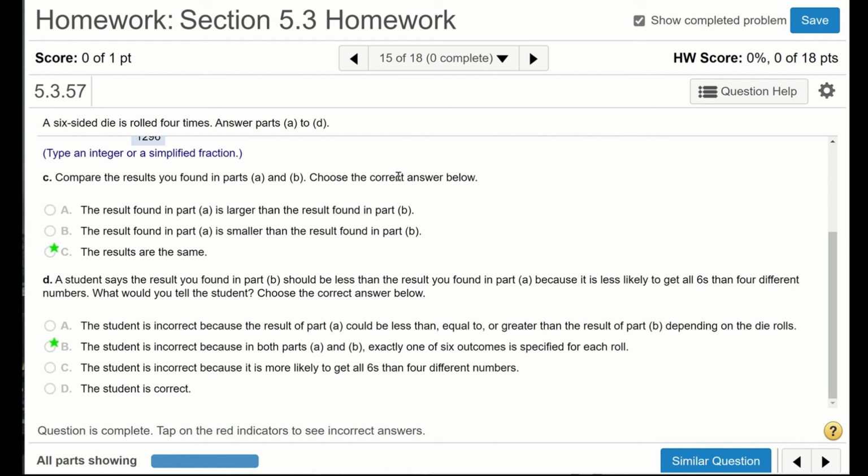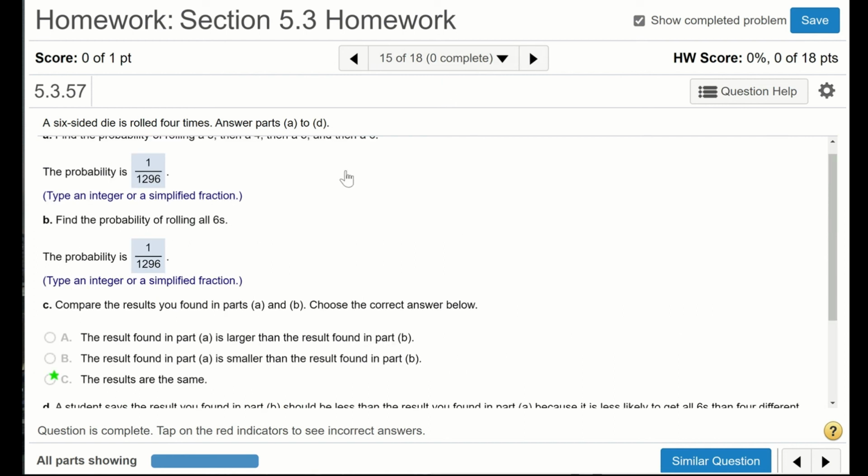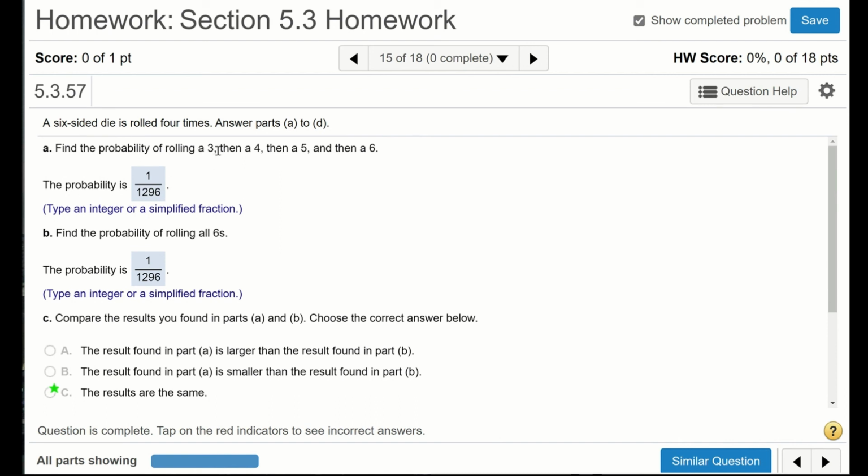Of course, as far as probability is concerned, the student would be incorrect because the probability of both of those outcomes is exactly the same. And remember, part A is also a very specific demand. You want exactly 3 on the first, exactly 4 on the second, etc. So this is no less likely than this. In fact, their probabilities are identical.